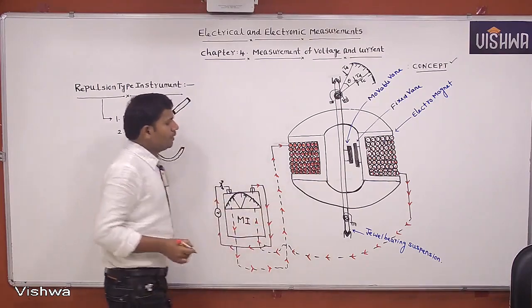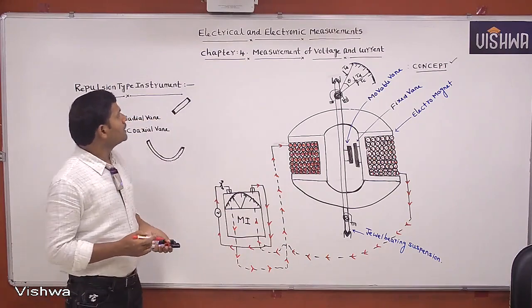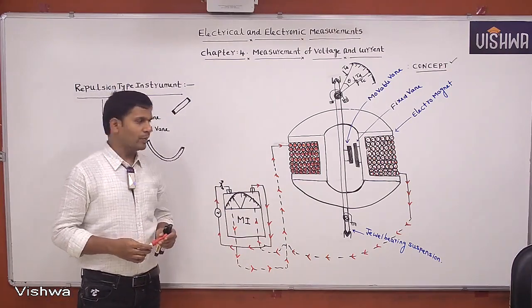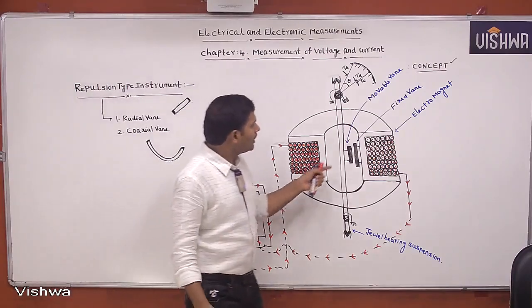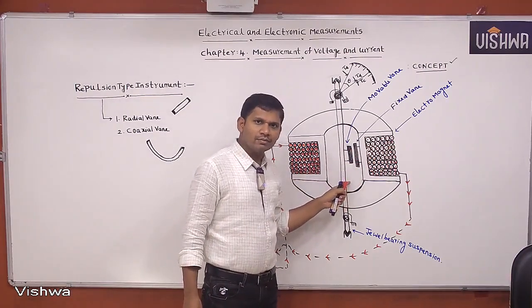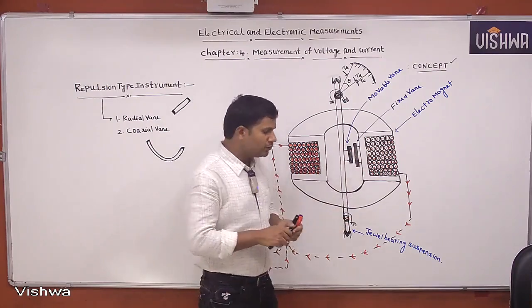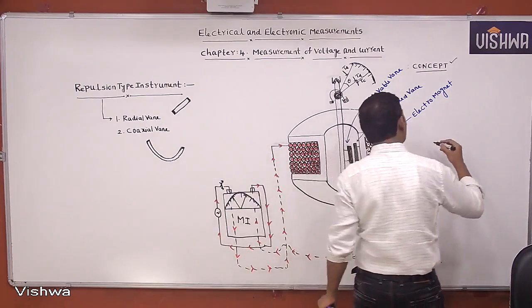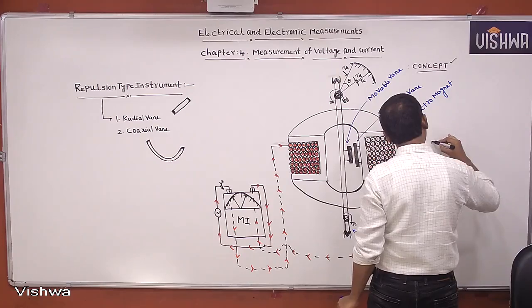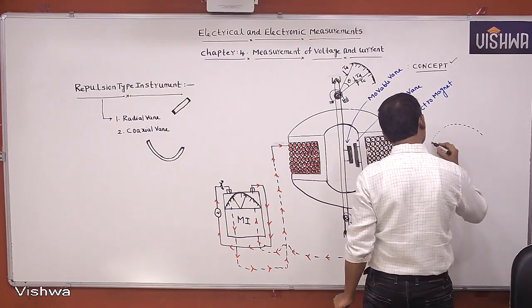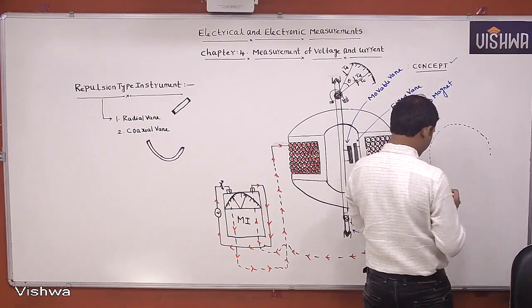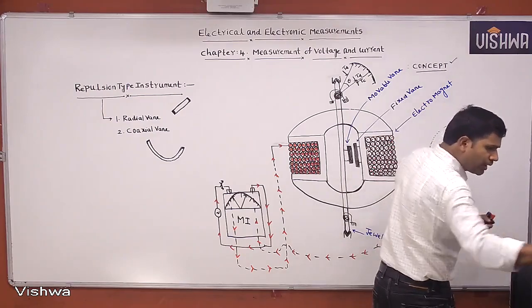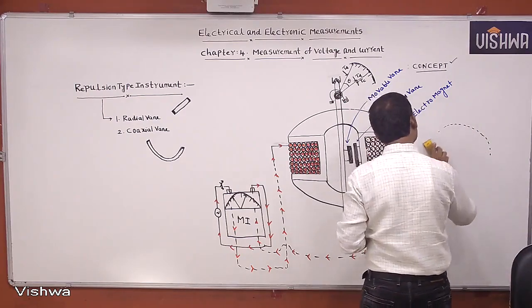This is about what exactly a repulsion type instrument is. Here the shape of the iron pieces we are using is radial vane. That's why it is a radial vane repulsion instrument. If you use coaxial vane, I'm not drawing the total arrangement like this, you remember. This is the coil. You draw this as a coaxial vane type.